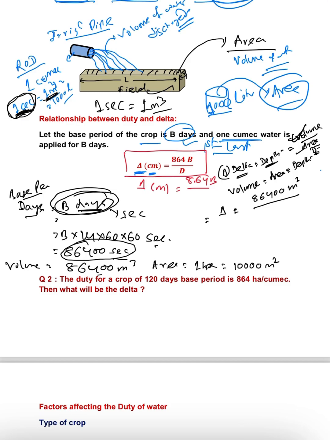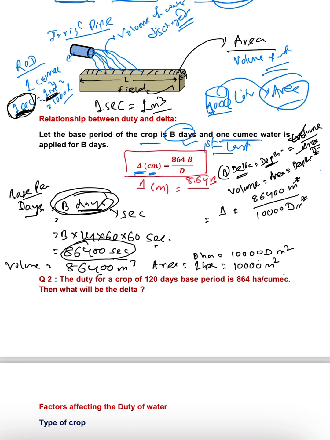So 1 hectare is 10,000 meter square. If it is D hectares, it will be 10,000 D meter square. If it is 2 hectares, it will be 20,000 meter square. So D hectares means 10,000 D meter square.